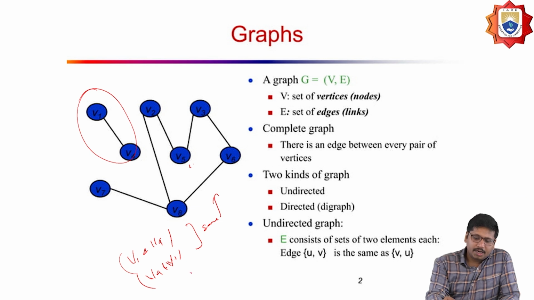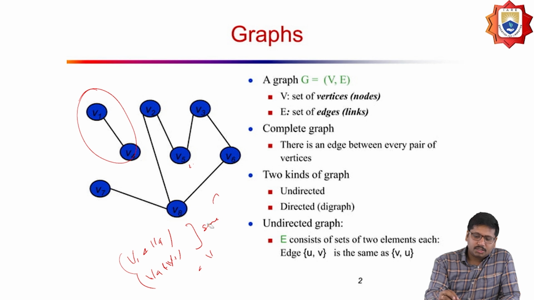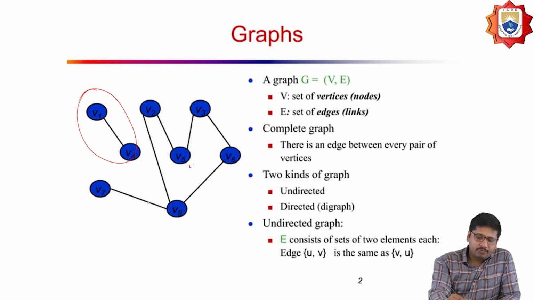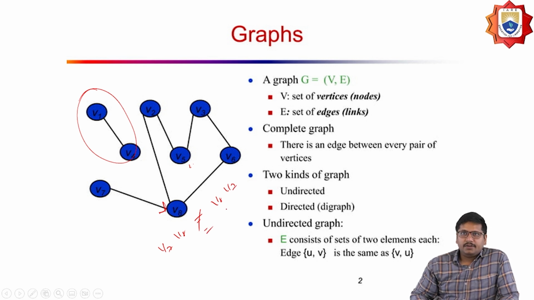Whenever the edge V4 V7 and V7 V4 are not the same, it is called a directed graph. Let us consider V4 and V7, both are the same. If I give directions like this, then V7 V8 is not equal to V8 V7. That is why it is a directed graph.